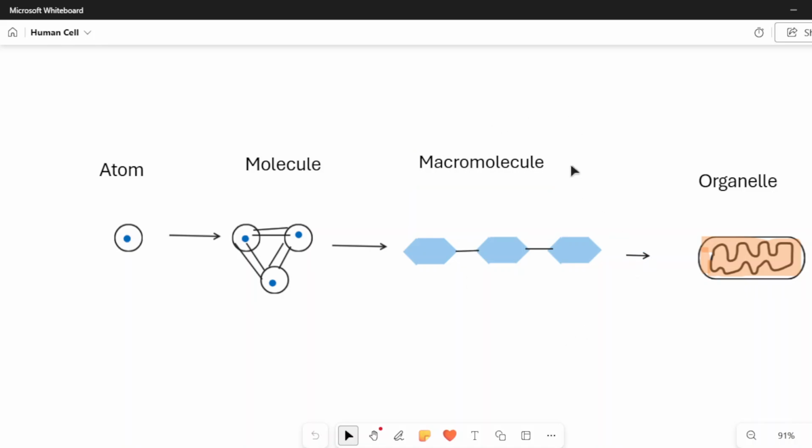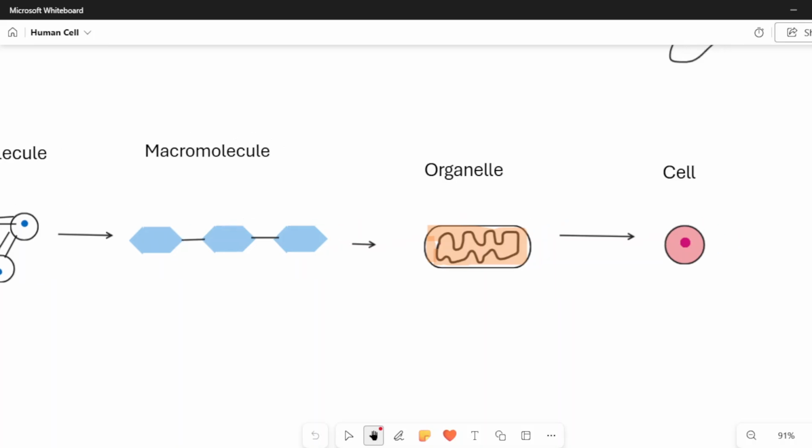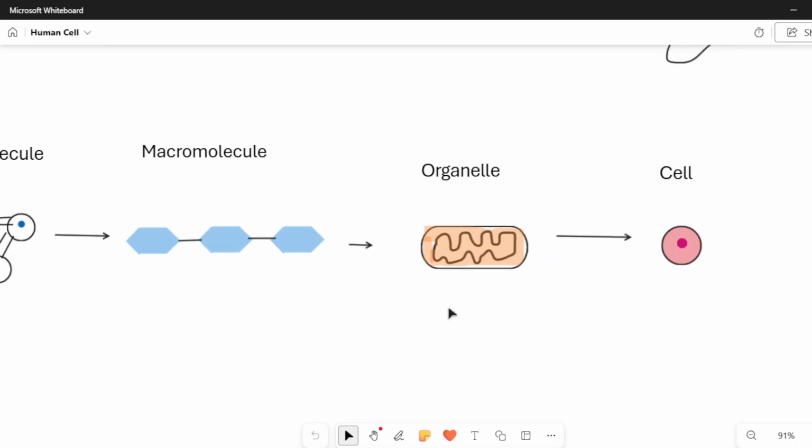These macromolecules combine together and form organelles, the mini tiny organs present inside the cell. These organelles were formed, and these organelles combined together to form the cell. That is how this cell was formed.